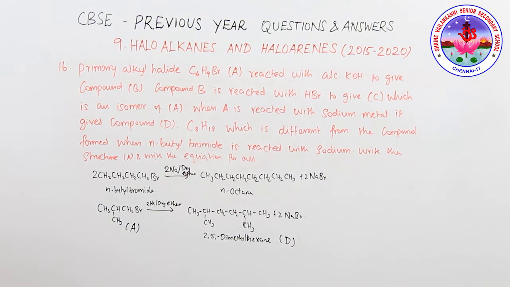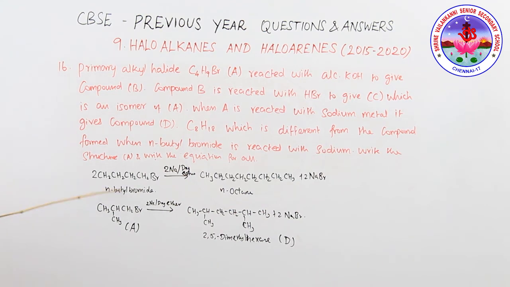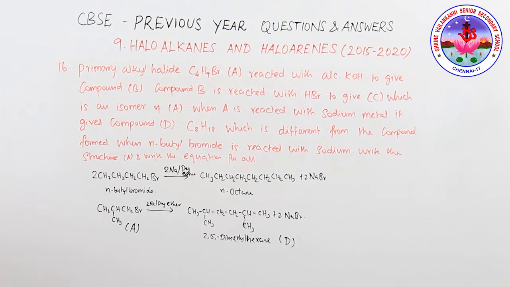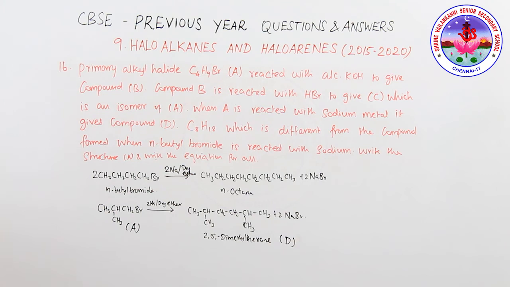Here the answer: there are two primary alkyl halides having the formula C4H9Br, n-butyl bromide and isobutyl bromide. This is n-butyl bromide and this is isobutyl bromide.